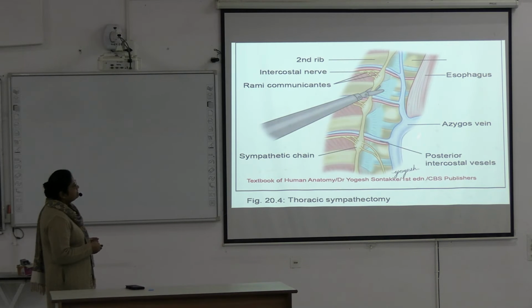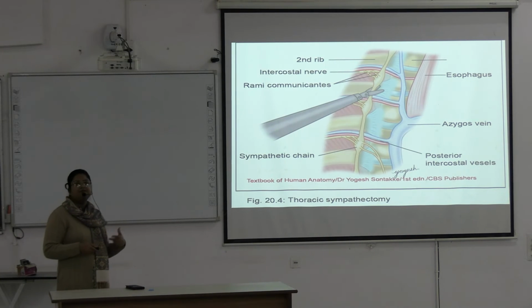The posterior intercostal veins are draining into this azygous vein. In the upper part, these are the intercostal artery and the intercostal nerves, which are connected to these ganglions via the gray and white rami communicants, and here splanchnic nerves are arising. Here we are cutting along the sympathetic chain. According to the symptoms, we have to cut at different levels.